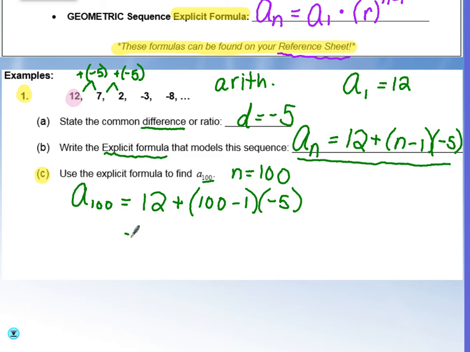Now I am evaluating, so I'm going to do what's in parentheses first. So 12 plus 99 times negative 5. It is so important here that you follow PEMDAS. So I see my addition sign here, but I do have multiplication over here. So use your calculators, please.